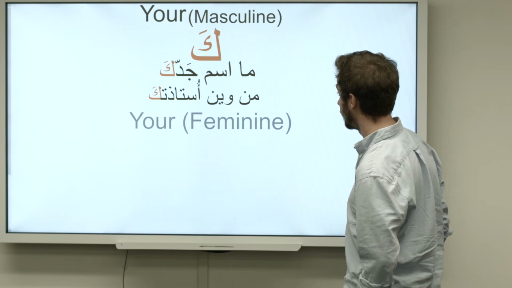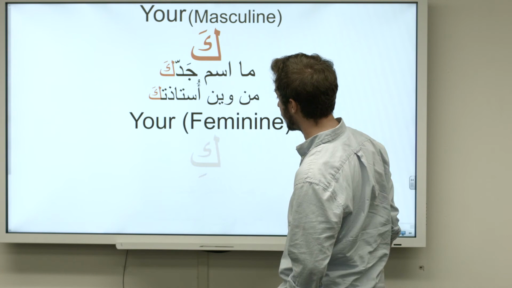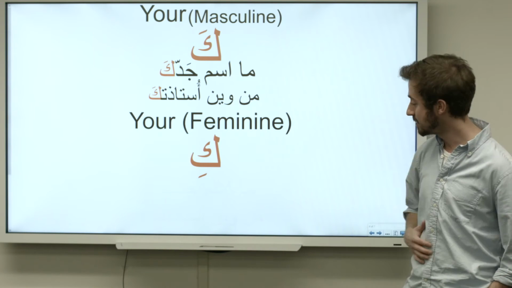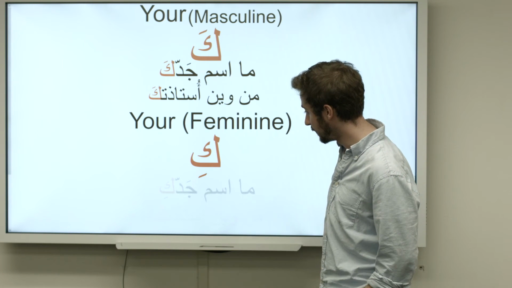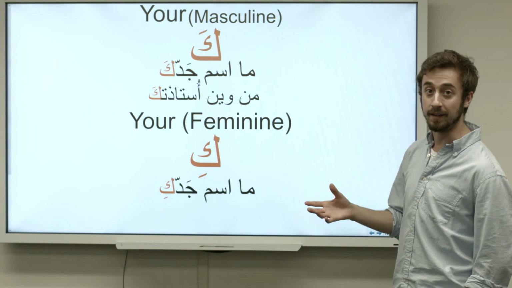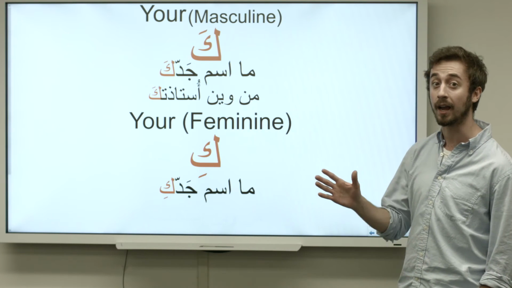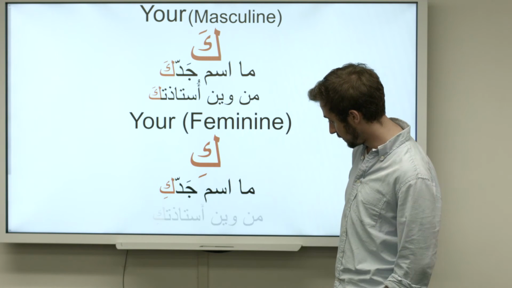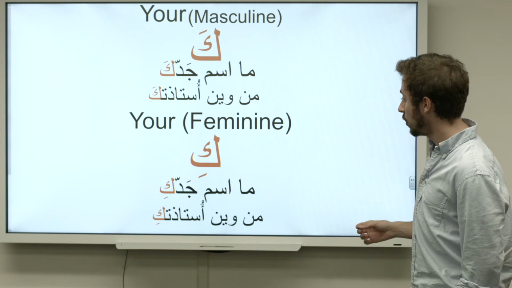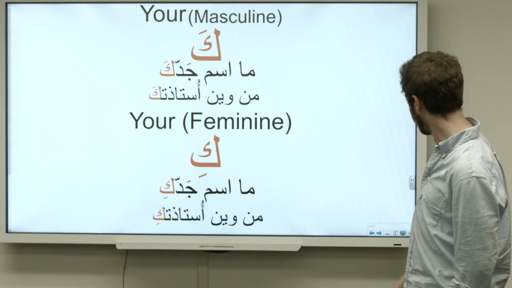And then we have your feminine. Same thing, kaf, but with kasra. So using the same thing as before, ma ism jadduki, or ma ism jaddik, as opposed to jaddak. And min wain ustadhatuki, or ustadhatik?